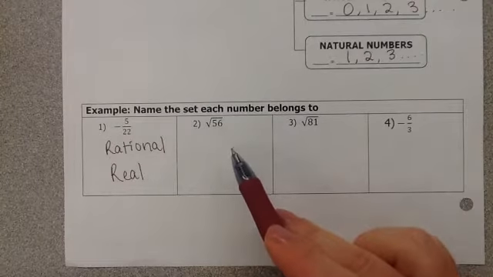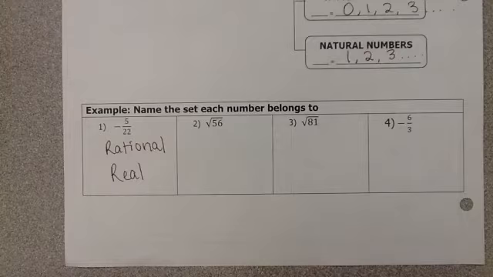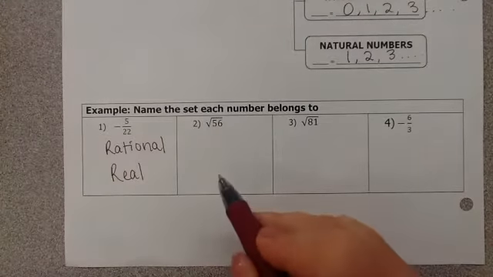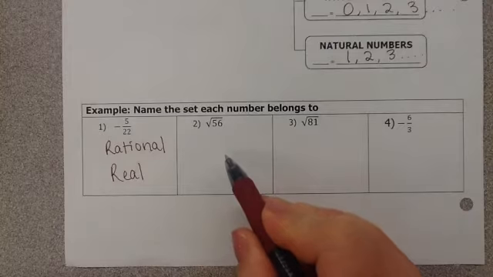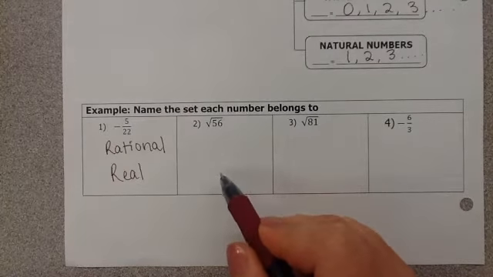Square root of 56. Type that in and let's see what that looks like. Make sure to hit these arrow buttons if you need to change it to a decimal. It is a decimal. Does it repeat? No. Is there a pattern?